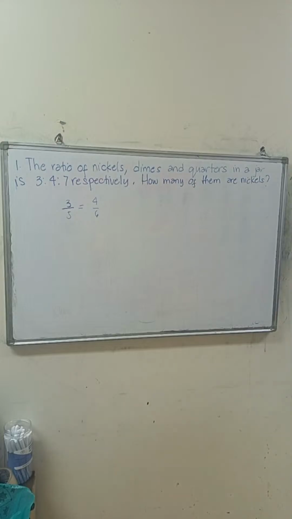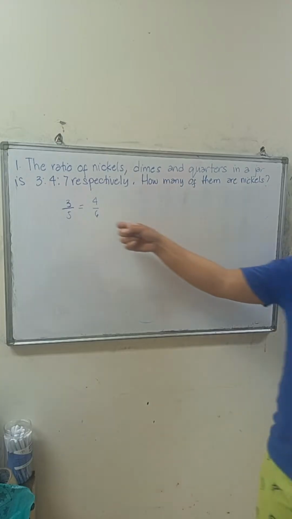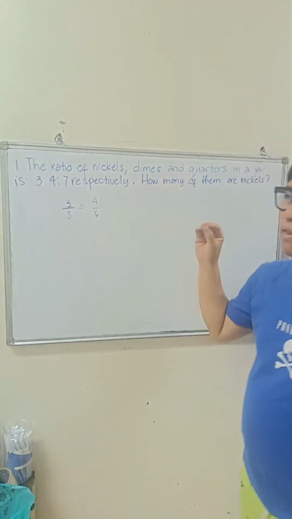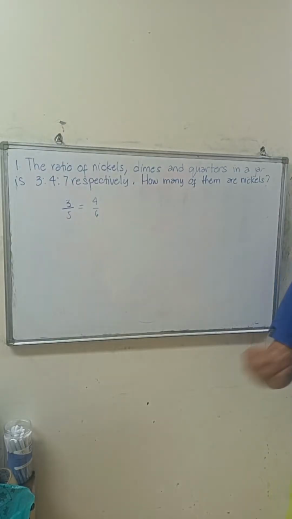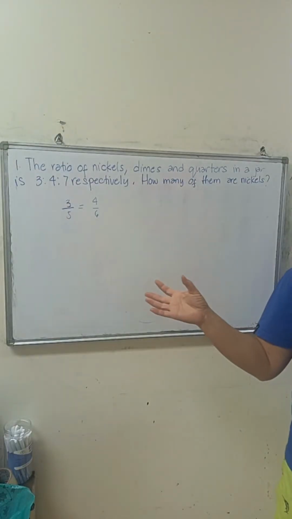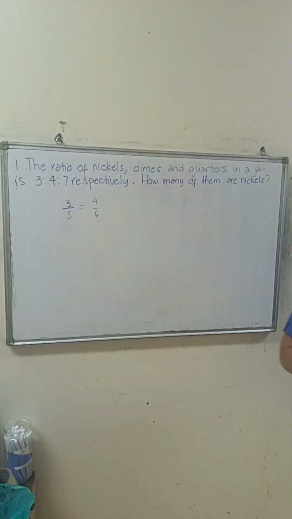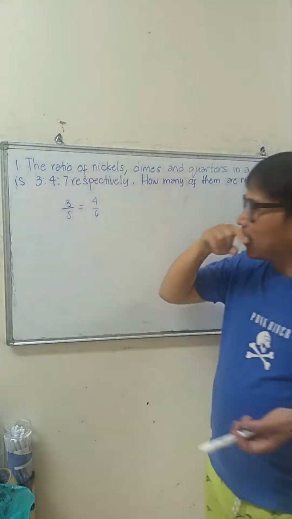We make them equivalent because of the equal symbol. Every time there is an equality sign, that is a proportion. The left and the right each have a similar or equivalent answer.